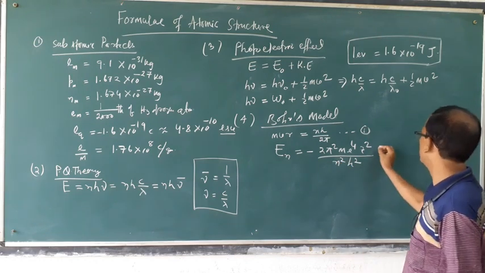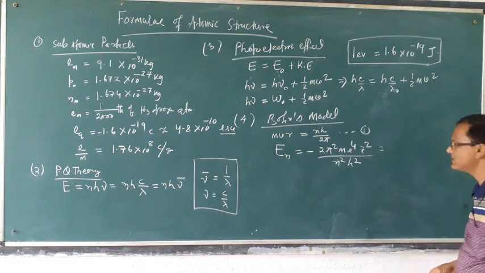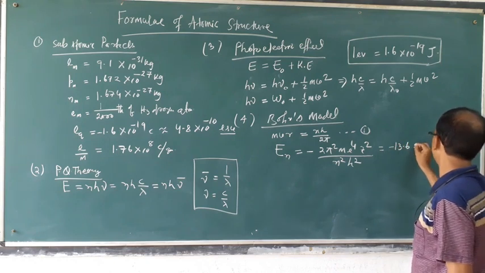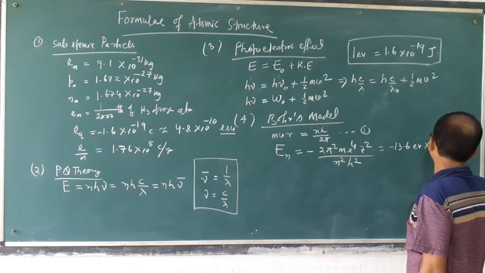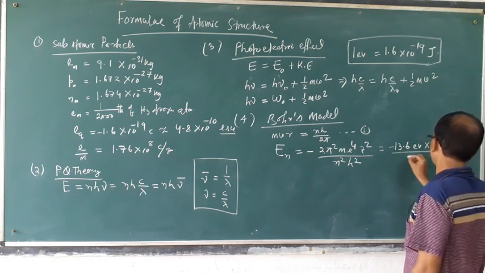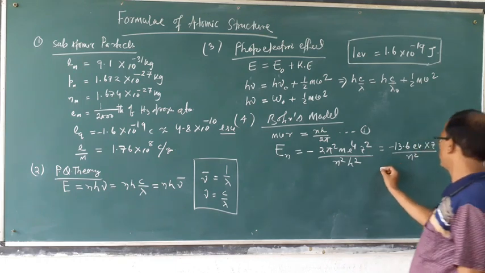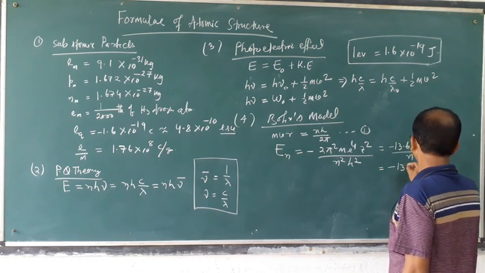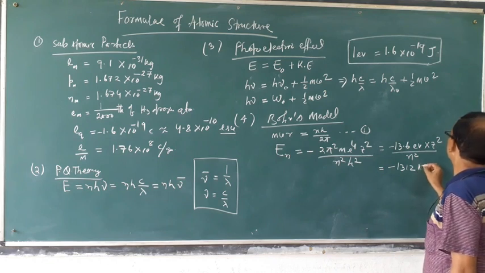And this value can also be written, if you put the value of pi like this, as minus 13.6 electron volt into Z square by N square, which is also equal to minus 1312 kilojoule.